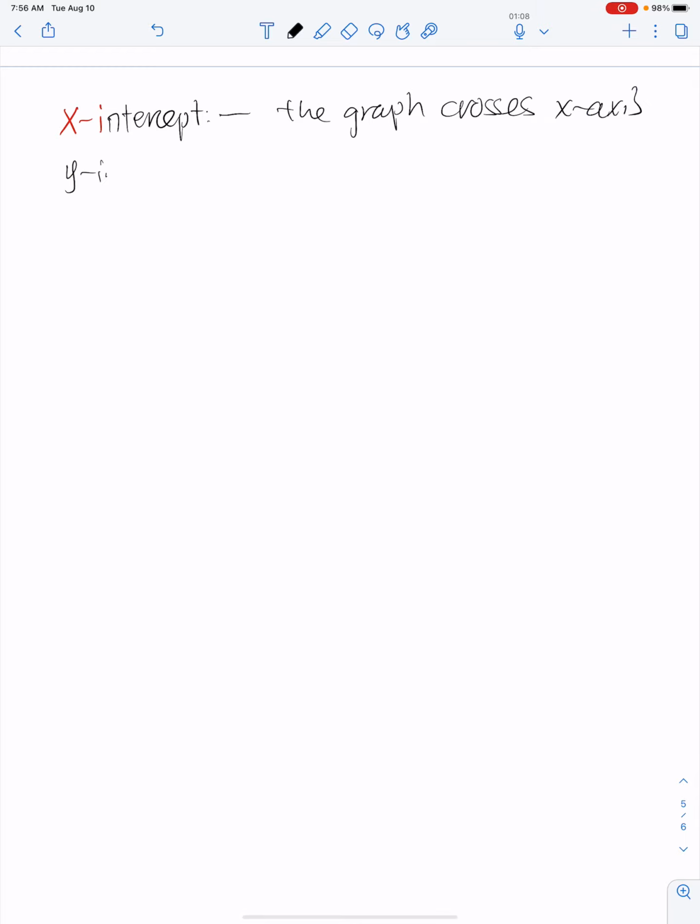And the y-intercept means where the graph crosses the y-axis. How many x-intercepts and y-intercepts could we have? As many as you want.